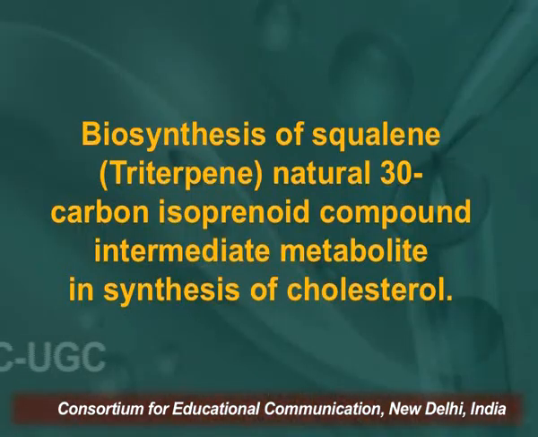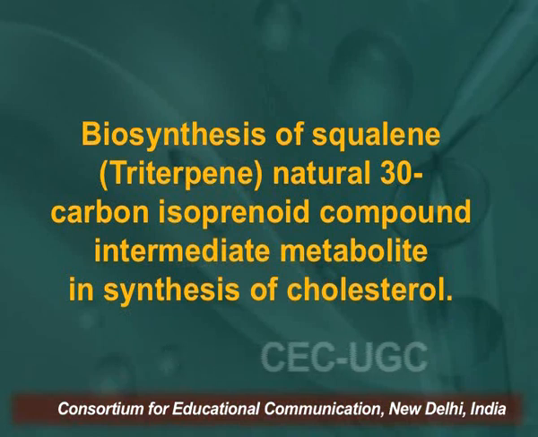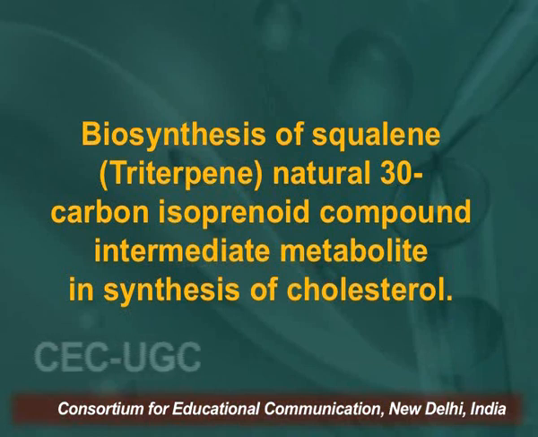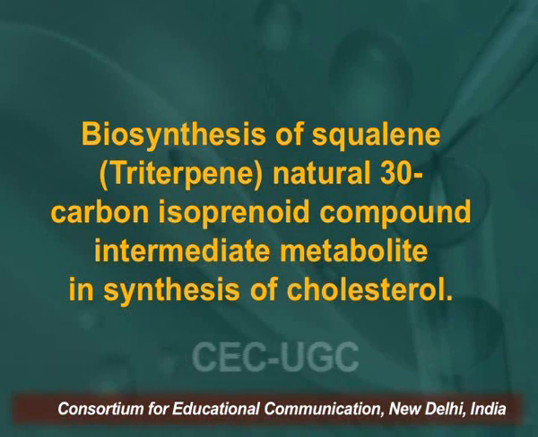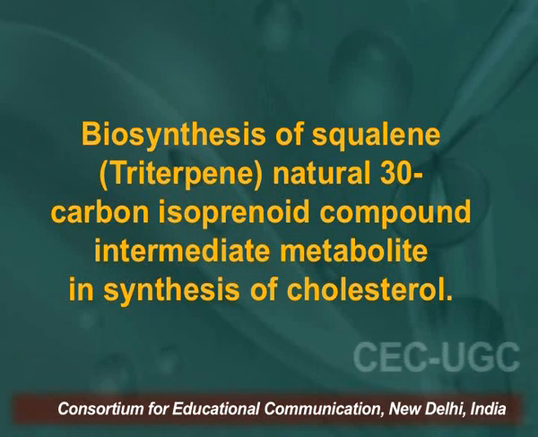So, biosynthesis of squalene: how is squalene biosynthesized? As I told you, squalene is a triterpene, and it is a 30 carbon isoprenoid compound, an intermediate metabolite in the synthesis of cholesterols.